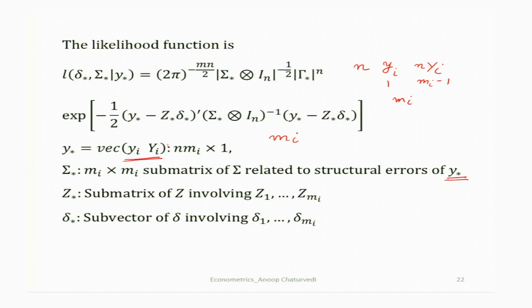So, you consider the variance covariance matrix, or the sub matrix of capital sigma related to structural errors of y star only.